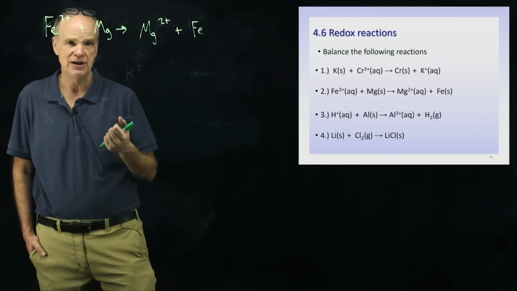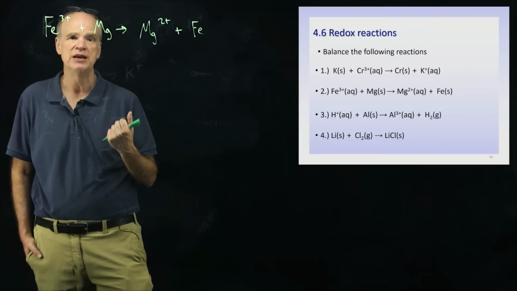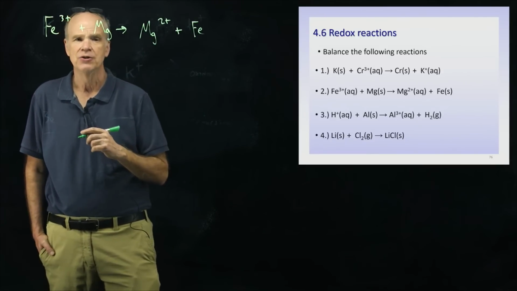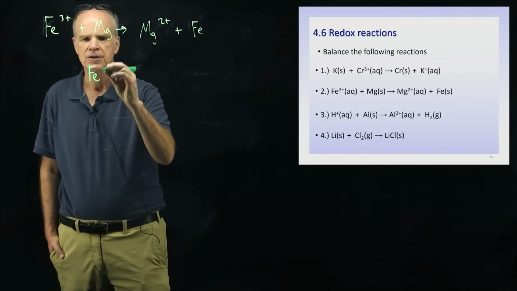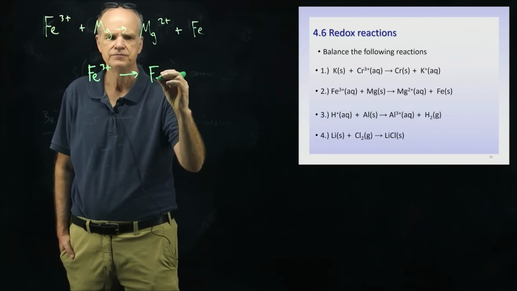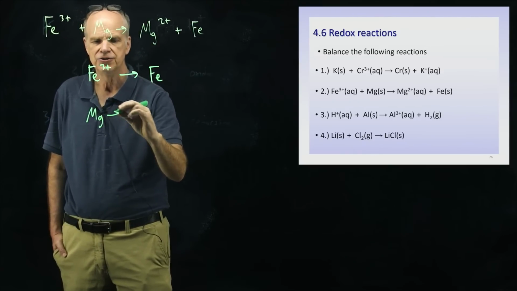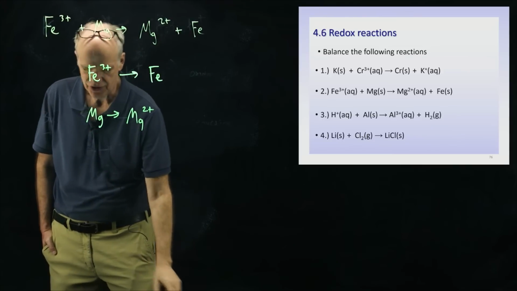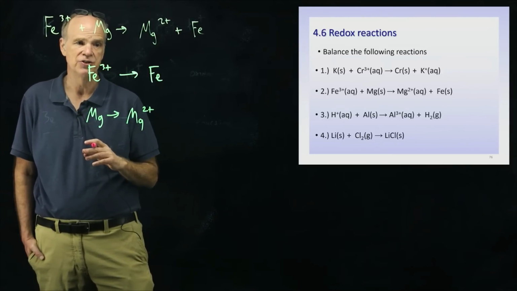So that means you have to balance both the atom numbers and the electrons being passed from the oxidation to the reduction reaction. Okay, so let's go ahead and write out half reactions. So we have iron 3 plus is going to iron metal. And then we have magnesium metal is going to magnesium 2 plus. Okay, so let's identify which of these half reactions is oxidation, which one's reduction.